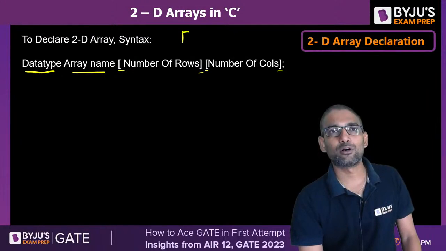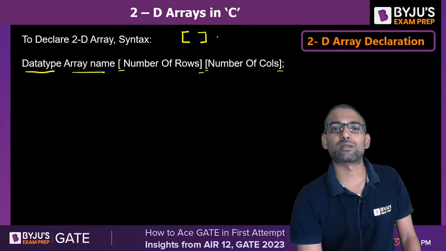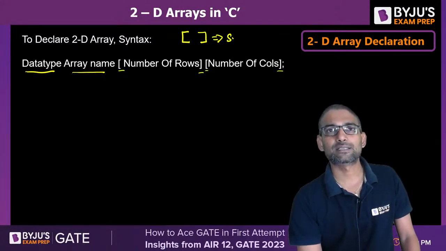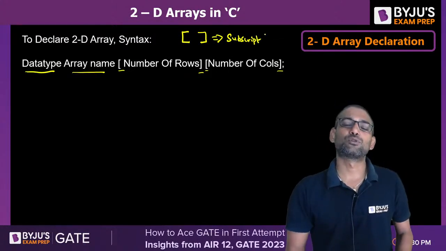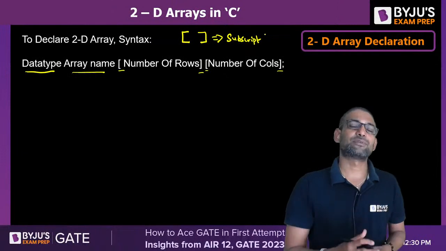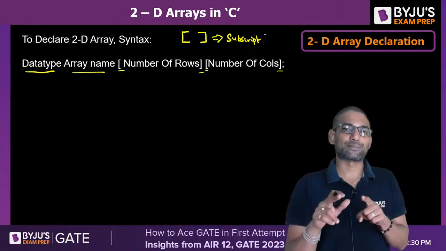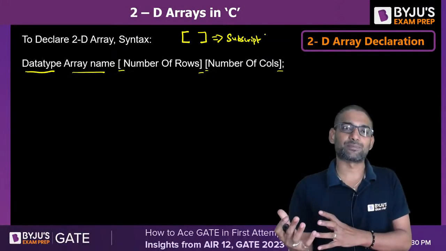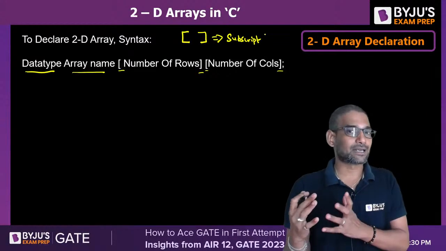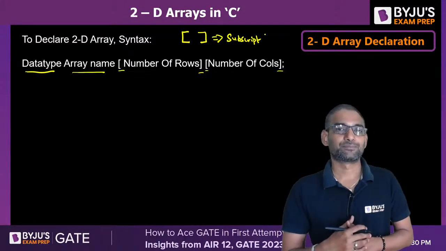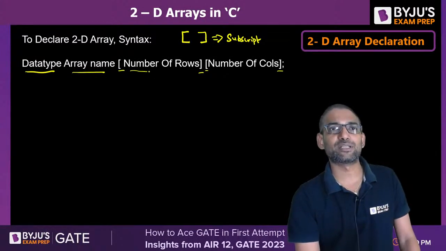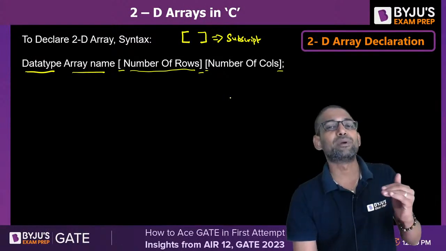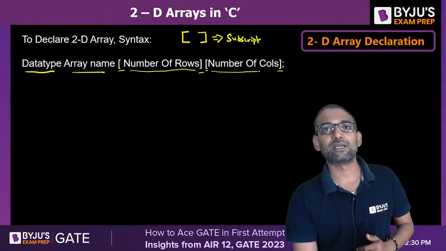A pair of open and closed square brackets is what we call as subscript. How many subscripts? Those many dimensions. As we say, 2D array, 2 subscripts. 3D array, 3 subscripts. 10D array, 10 subscripts, and so on. So in the 2D array, 2 subscripts, what you have to mention in those 2 subscripts? How many rows, how many columns.